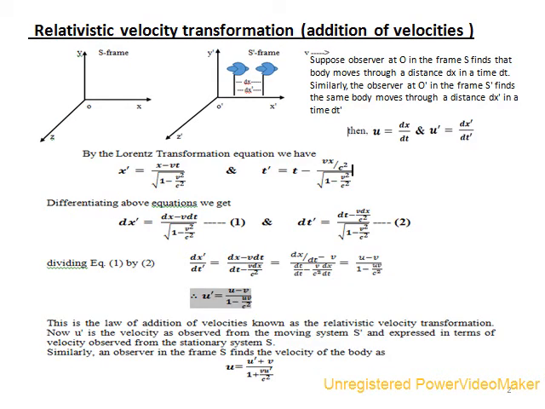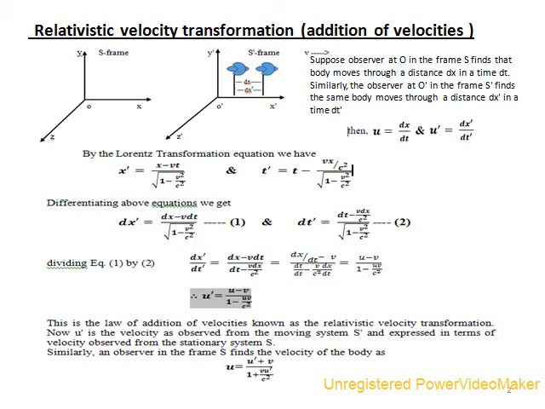The relativistic velocity transformation, or the addition of velocities. Consider two frames of reference S and S dash having a common x-axis. The frame S dash is moving along the positive x-axis direction with a uniform velocity v relative to the frame S, which is at rest.